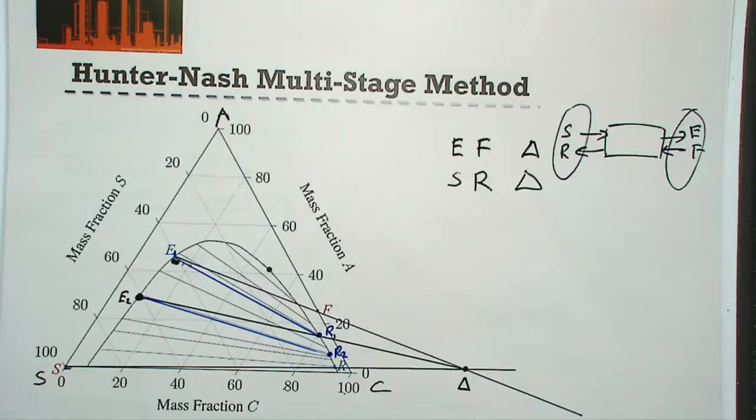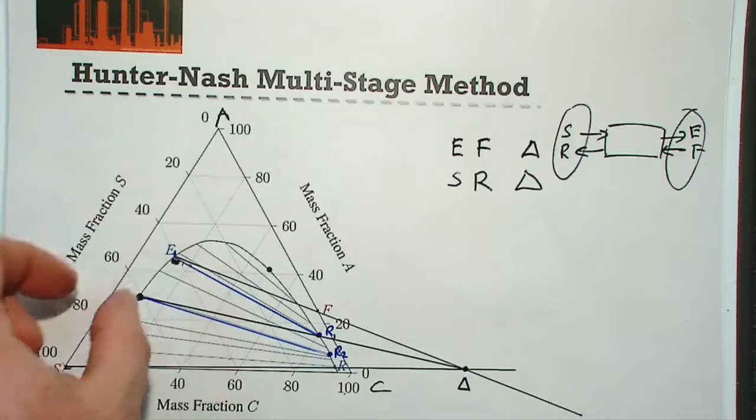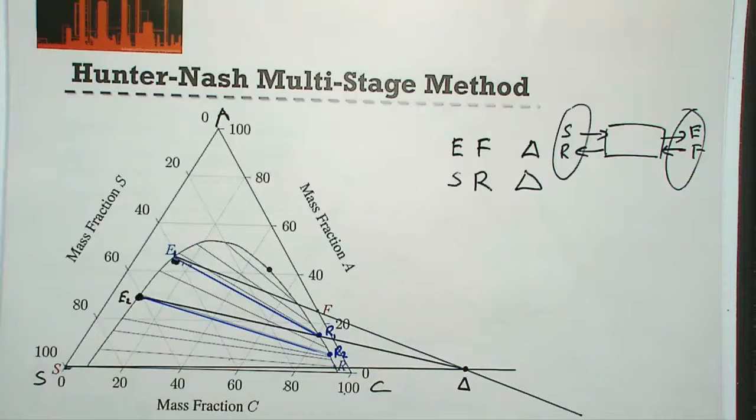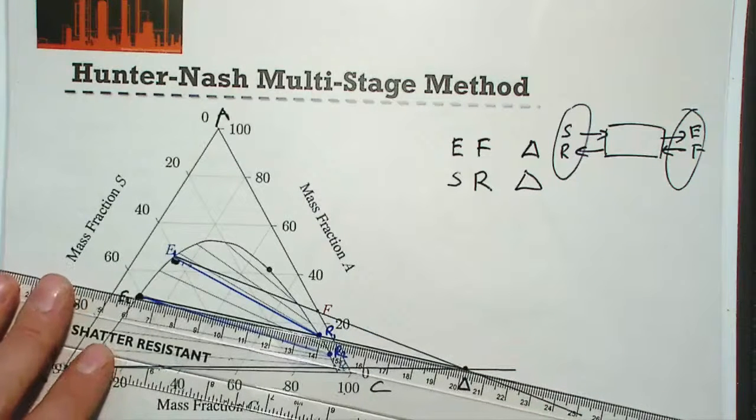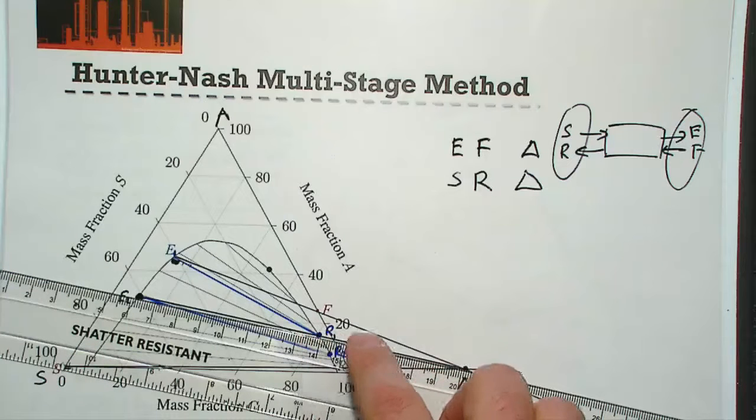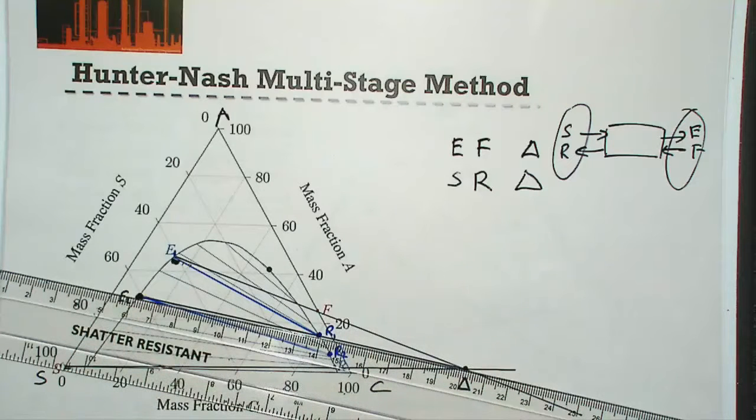And we also know that because our extract is an equilibrium component, it must lie on the equilibrium line of our system, and it also must lie on our solvent side of the diagram. And because we know our R1, we were able to draw a line from our operating point through R1 and take that all the way across to the extract side of our diagram.